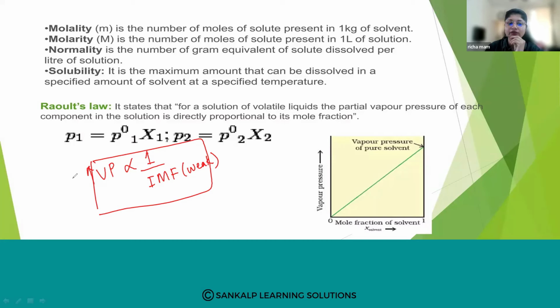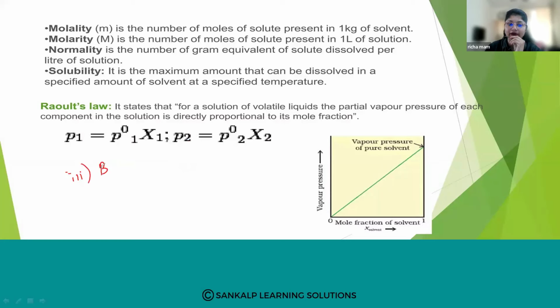Next, we'll go with the third factor, that is boiling point. How will the boiling point affect it? Liquids which have a lower boiling point will have higher vapor pressure.